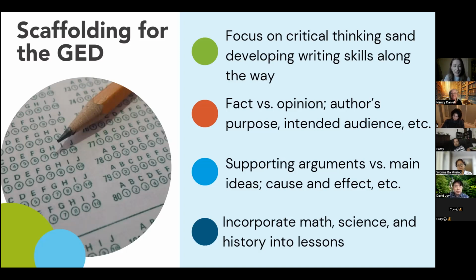You can get into the science terminology. Maybe you can introduce photosynthesis as a vocabulary word, without getting into the nitty-gritty about how it works, right? So you can incorporate some of this stuff along the way as you're working on English and building up those skills. Are there any questions about that?